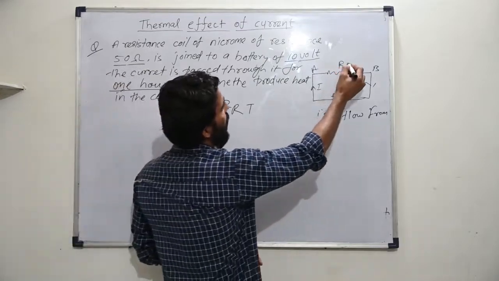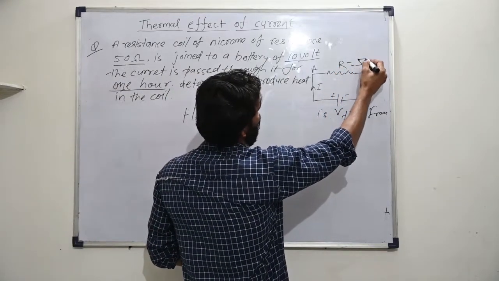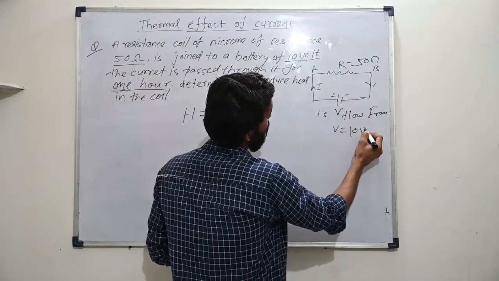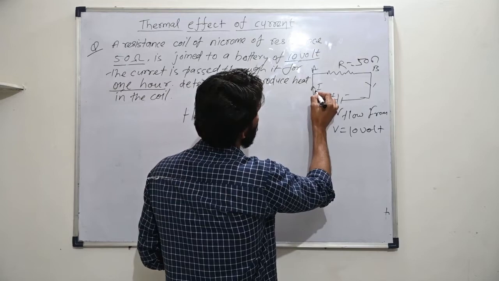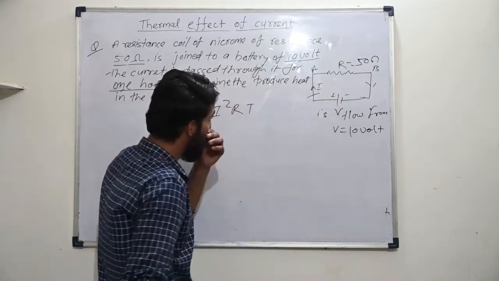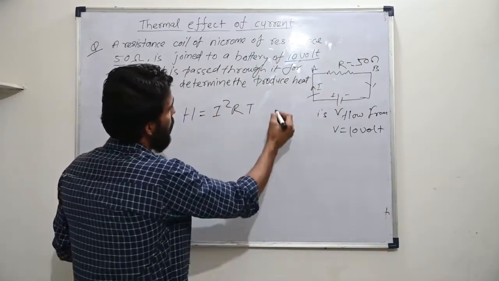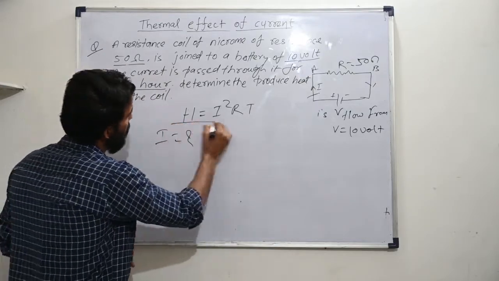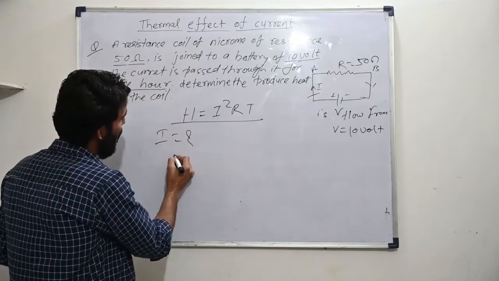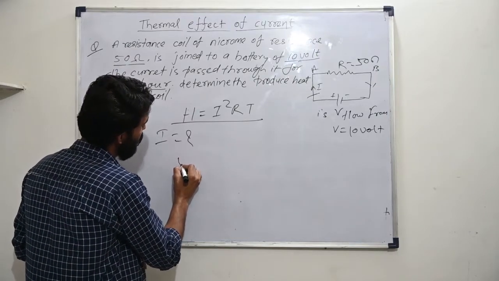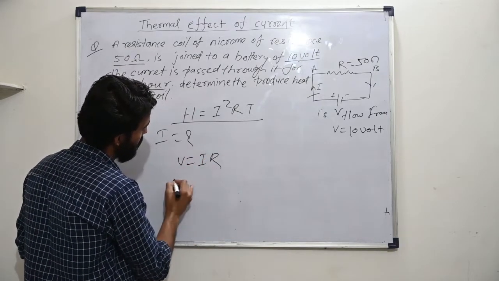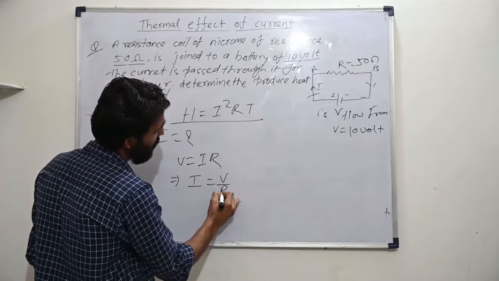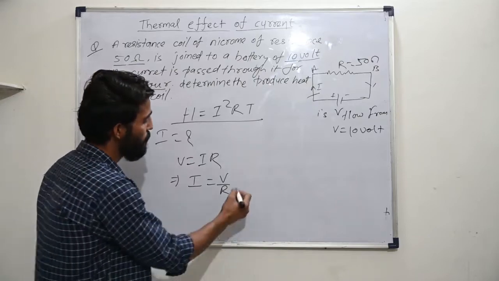So we know that R equals 50 ohm, V equals 10 volt, and first we find I. V equals I R, then I equals V upon R by Ohm's law.